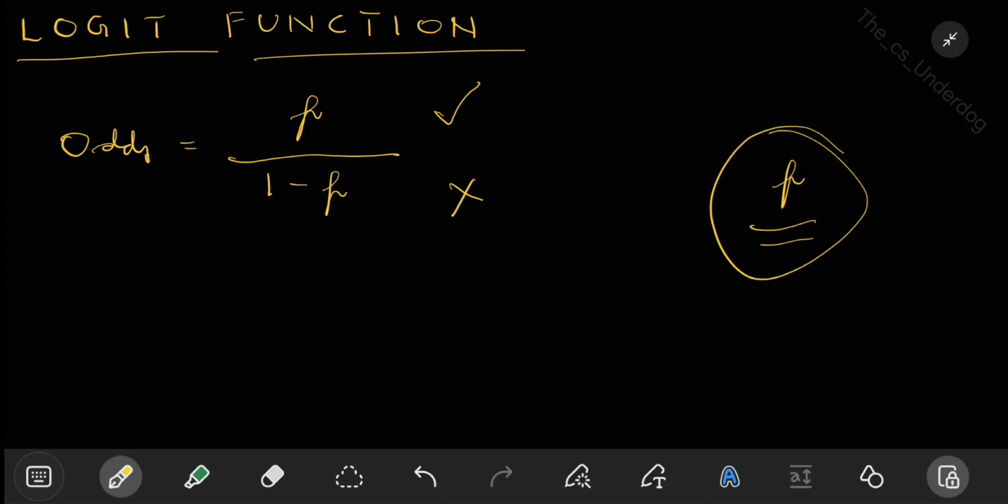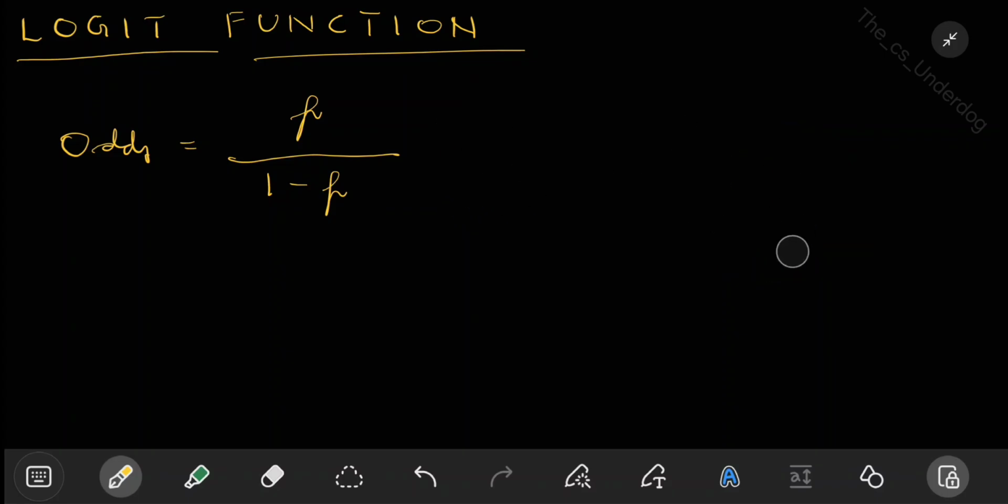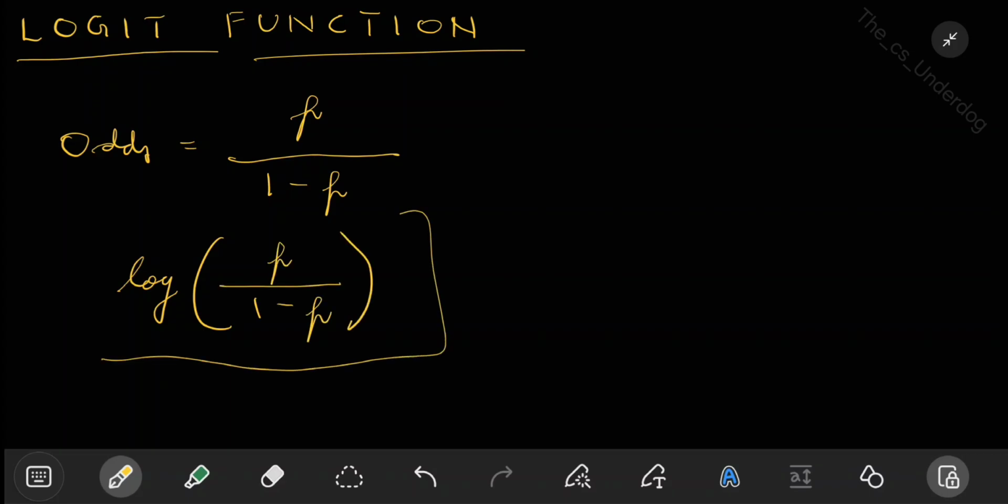So what is a logit function? It is the logarithm of odds. So how do you take the logarithm of odds? It will be log of P by 1 minus P. This is your logit function. Your logit function is log P by 1 minus P.